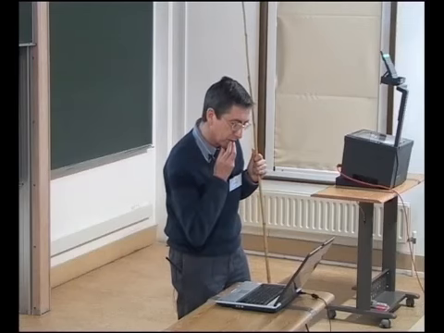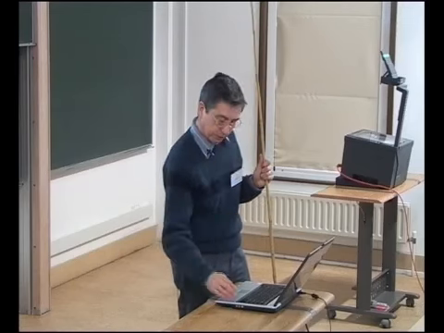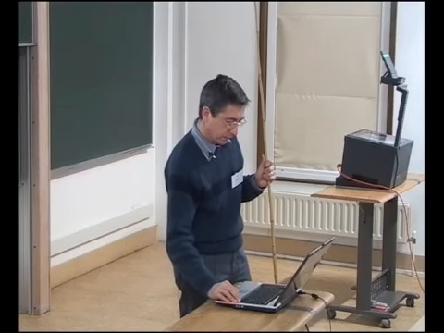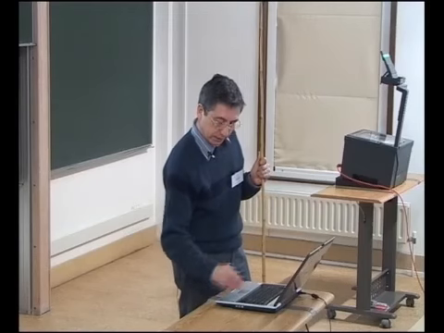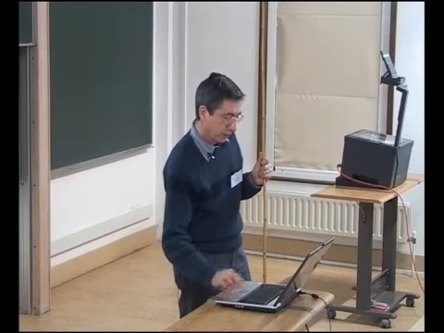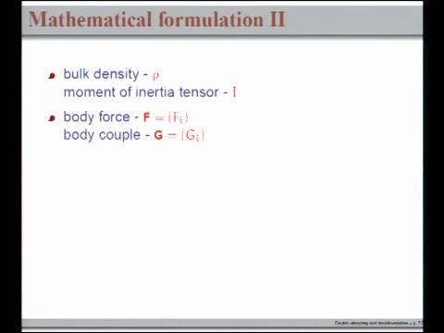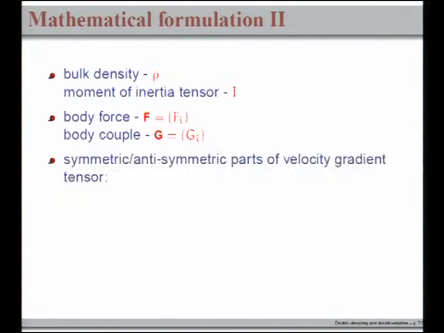If necessary, the couple stress we'll call mu, but I don't really believe that couple stresses are significant for granular materials. There may be people who disagree with that. I'm going to get rid of the couple stress at the first available opportunity. But we will have a density and also a moment of inertia tensor I.